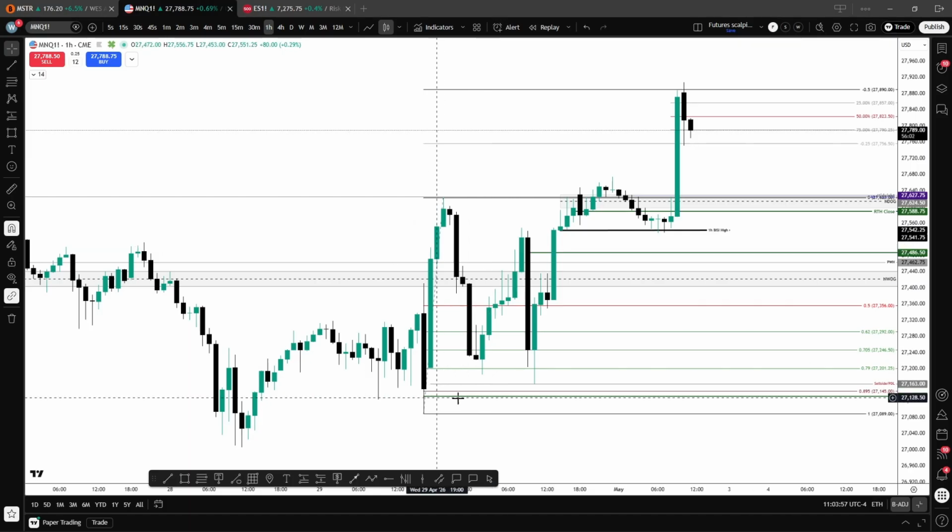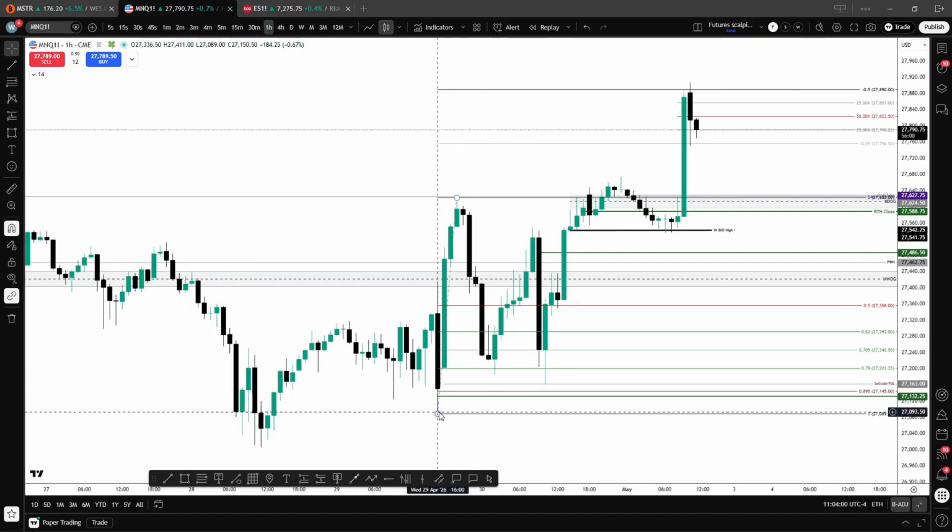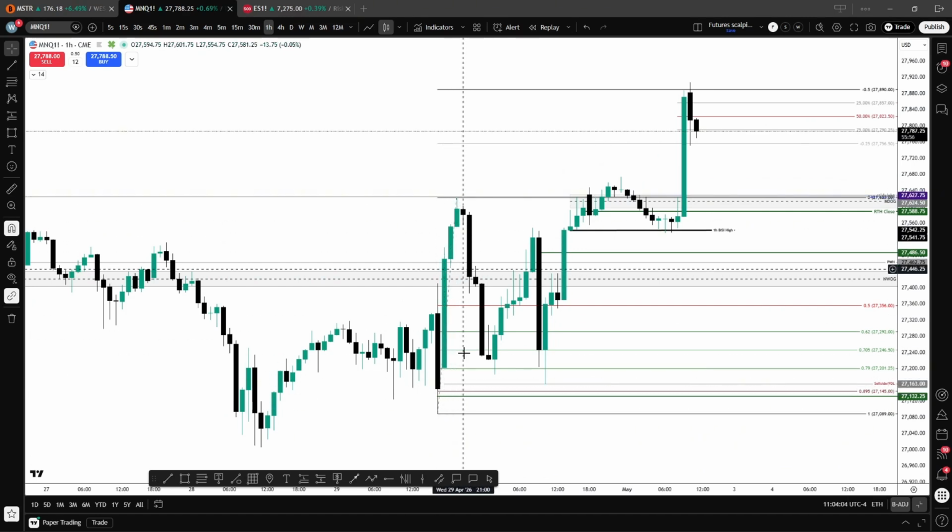On the hourly chart, I'm looking at this range here from yesterday, or from Wednesday into Thursday. We have this Asia session range here, from the low to the high. And this is the FOMC low that was put in, and then that was the high. So I'm measuring that range low to that range high.